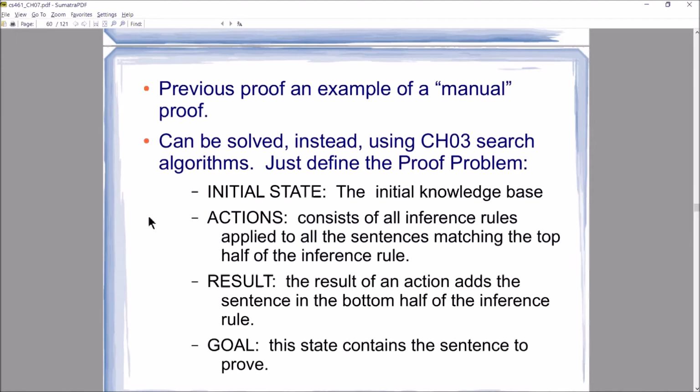So what you do is you set up your initial state. That's going to be your initial database. Just like with the example I just did a second ago, the initial database was R1, R2, R3, R4, R5.